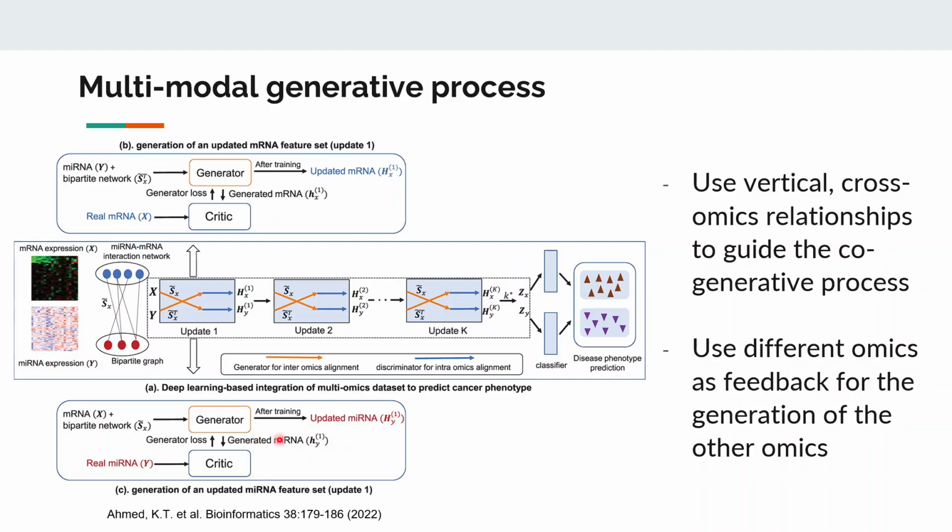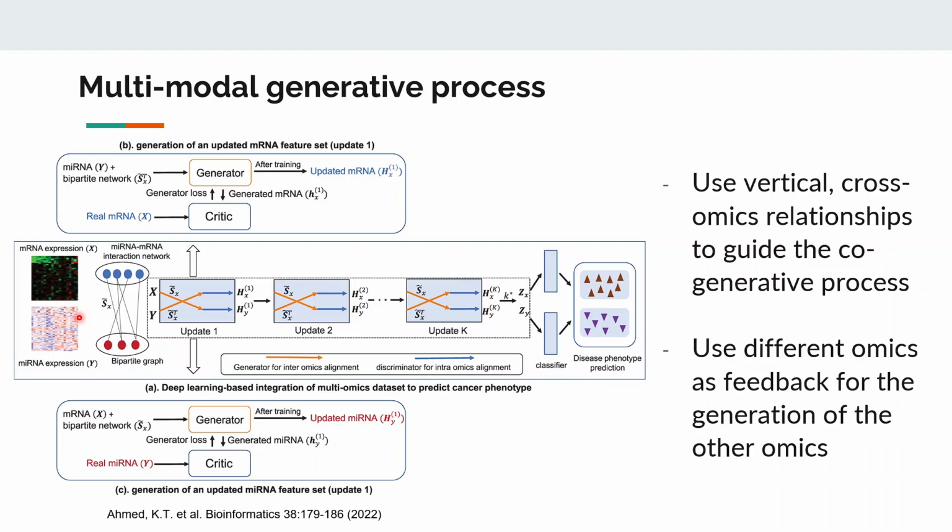So you train one generator that creates microRNA expression, given that you know the gene expression. So you know the gene expression, if it's high or low, you infer the state of the microRNA. And once you infer the state for the microRNA, you can compare it to the actual observation, to check if it's good or bad. So that's one feedback to the model.